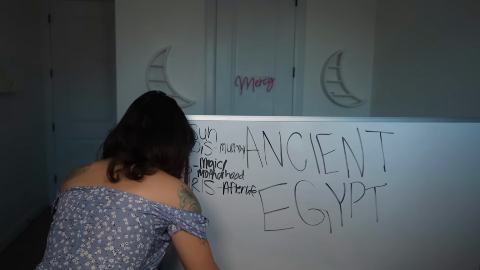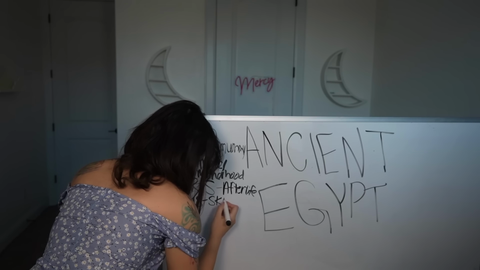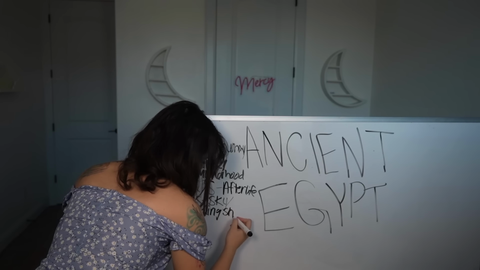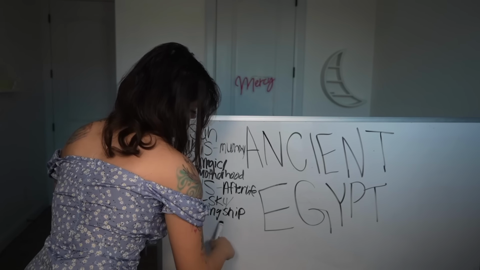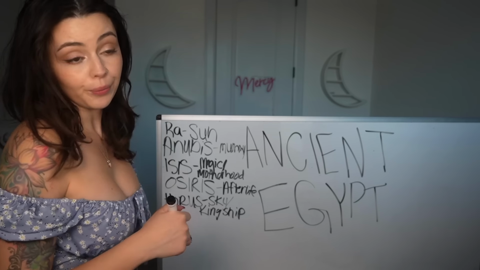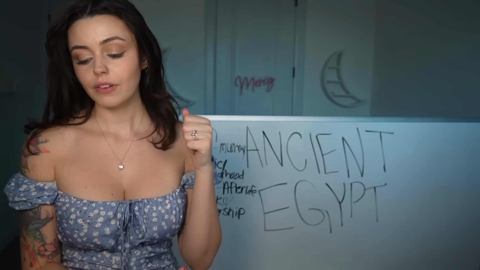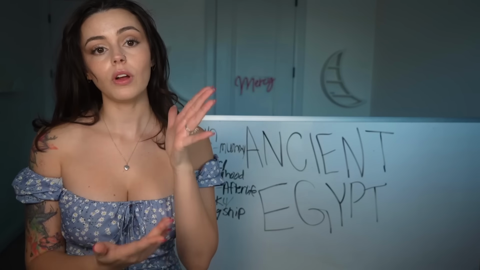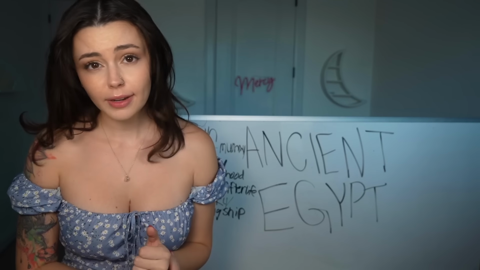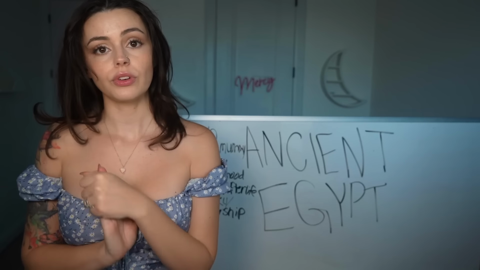So he was the protector of pharaohs and a symbol of royal power. He was a falcon-headed man, often wearing the double crown of Egypt.